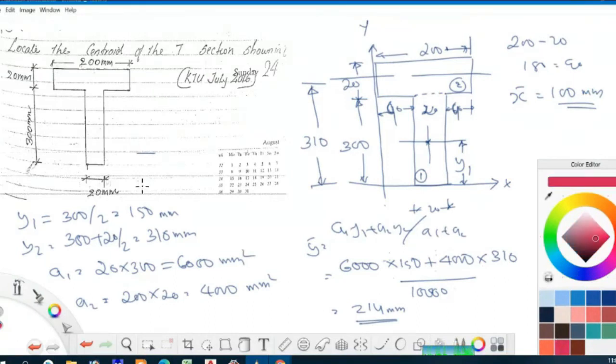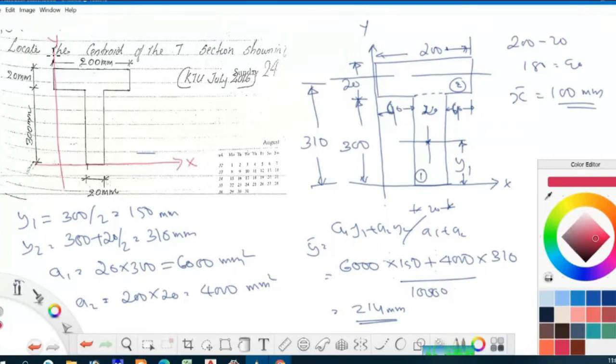So if you draw the final centroid position, it will be like this.